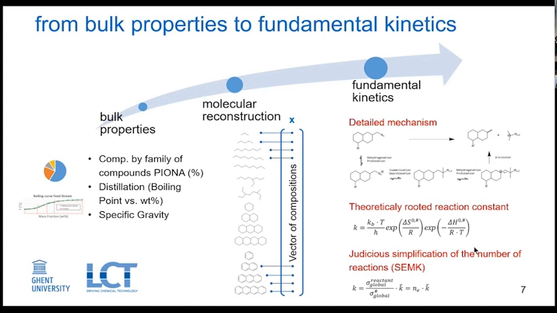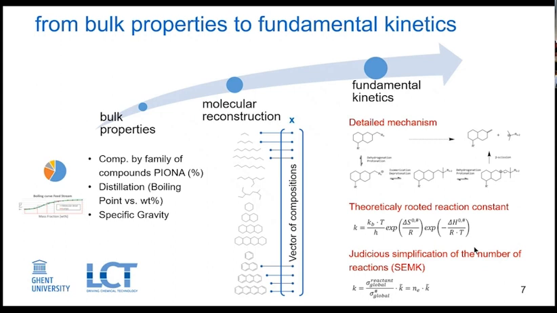The point is that to jump from bulk properties to fundamental kinetics, a molecular description of the composition is necessary, and that's why we perform molecular reconstruction. This is a key aspect, because one of the main challenges involved in the migration of the tool, to be offered as an open compliant package with all the functionalities available, lies in the molecular reconstruction step.